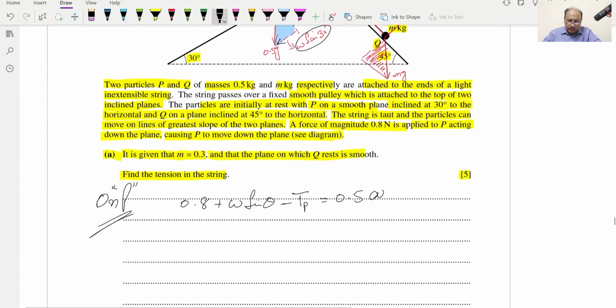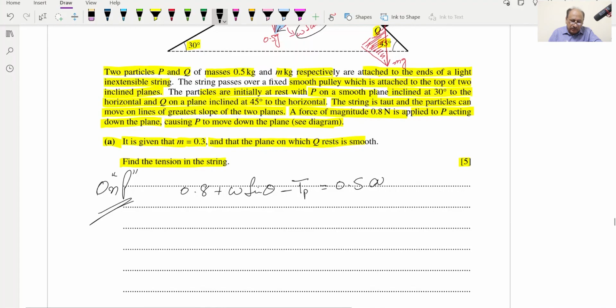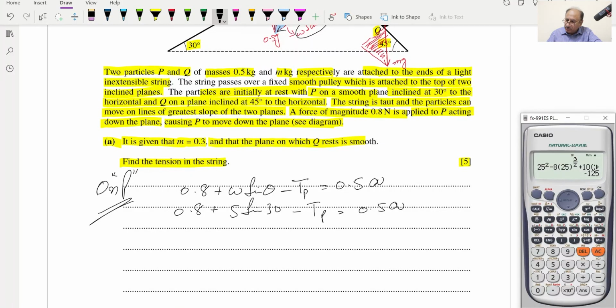Now we can write the values of W, and W will be 0.5 into 10, which is 5, so 5 sine of 30 degrees, and minus TP is equal to 0.5 A. Now we can resolve this one. 5 sine 30 will be equal to 2.5.